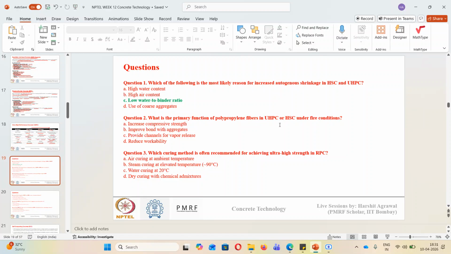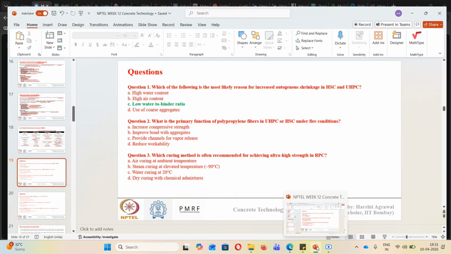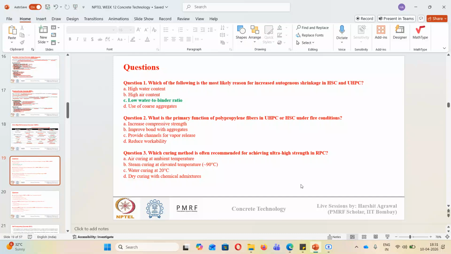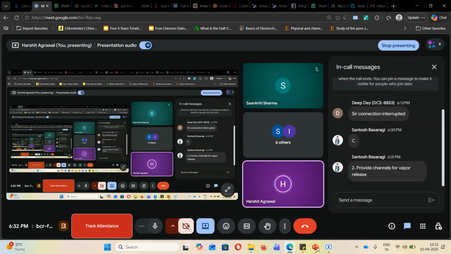How will the fibers function in this fire condition? Can you tell me the reason why it happens? How are fibers providing a vapor release channel?